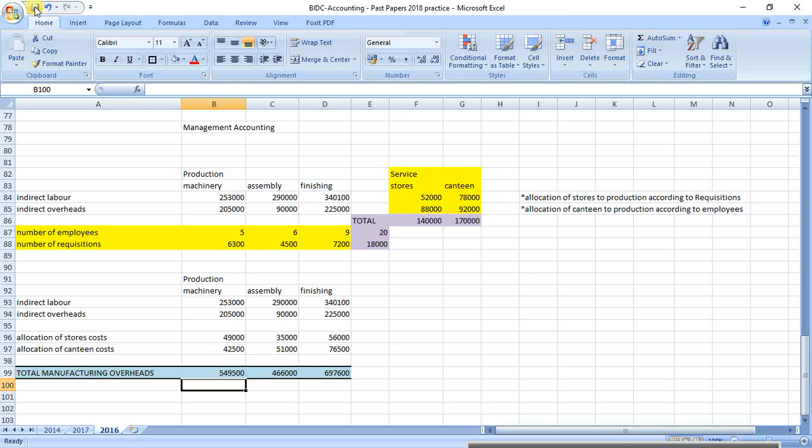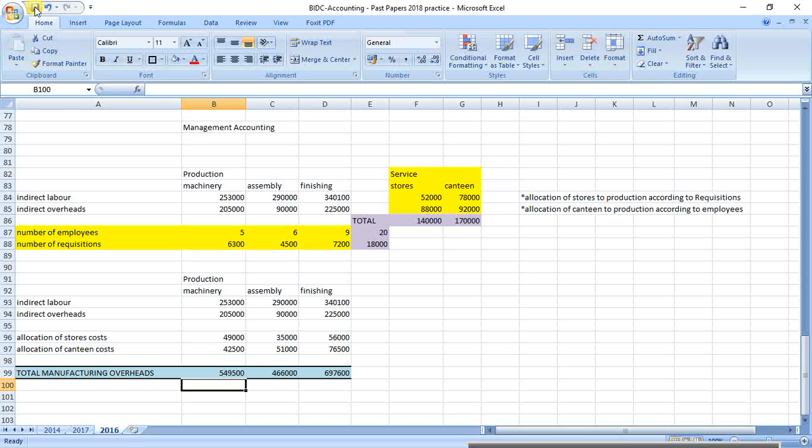Okay, so they talk about absorption as being when all overhead costs have been apportioned to a cost center, the total has to be charged to specific units of production. This process is known as absorption. So absorption is adding up all the overhead costs and then allocating it to specific units based on production.